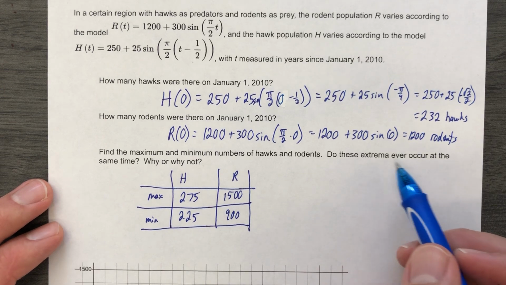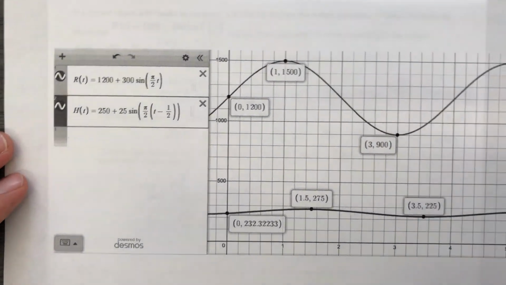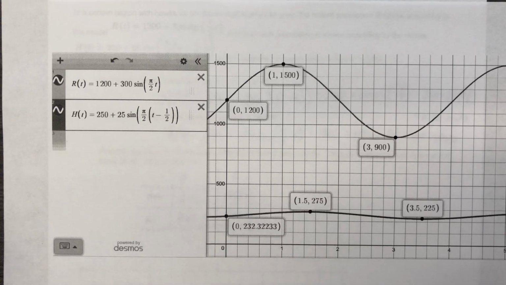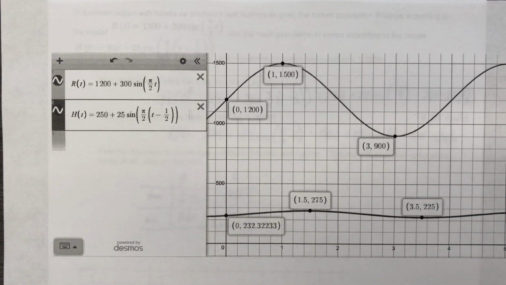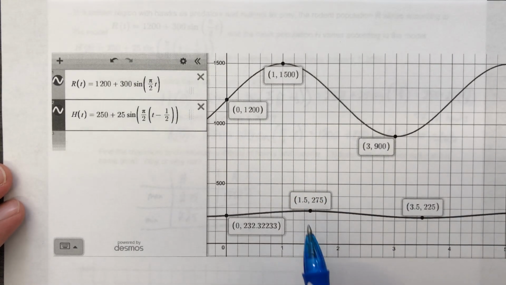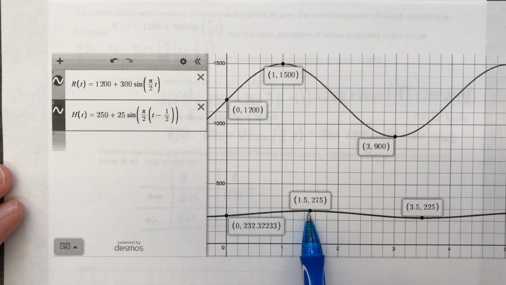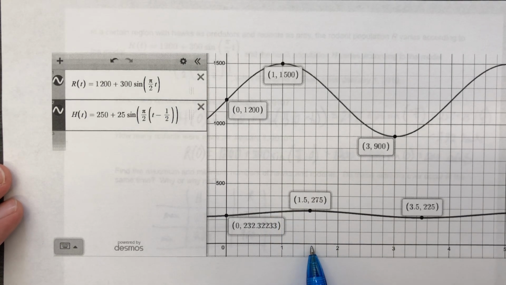So I have answered the questions in the first sentence, done what they told me to do. But do these extrema ever occur at the same time? No, they don't, because there's a shift in the graph. And again, it's this horizontal shift that we haven't discussed, but notice it's a 1/2 shift, which takes what would be a maximum and shifts it over half. You see it?